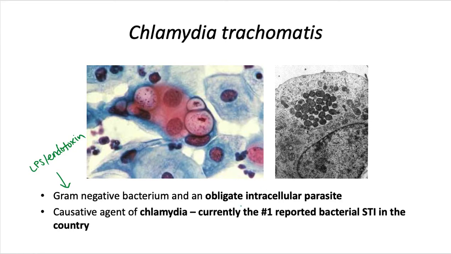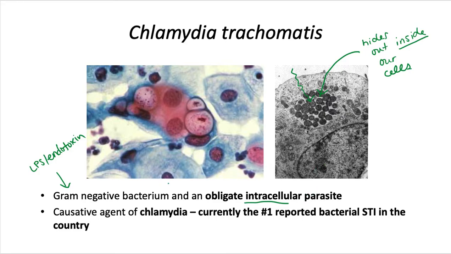And it's an intracellular parasite, which means the chlamydia hides out in our own cells, as opposed to being attached to the surface of our cells. So these pathogens can be harder to treat or require longer antibiotic treatment because the antibiotics have to get through our cells and then also into the chlamydia cells themselves.